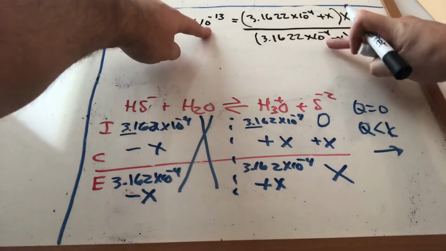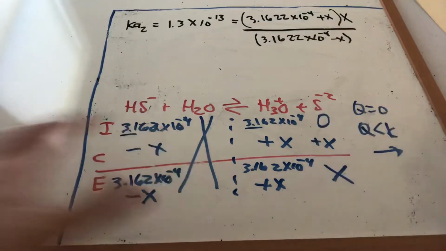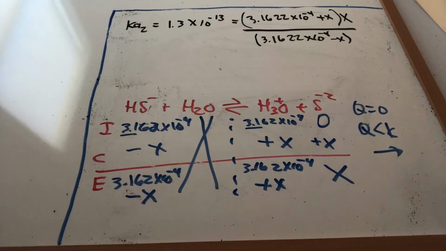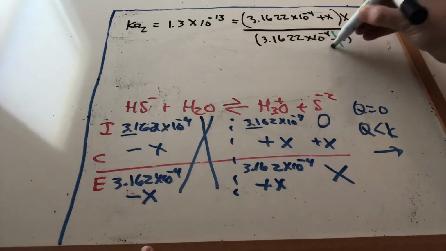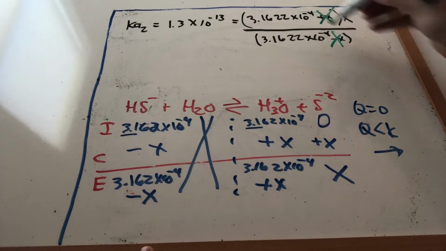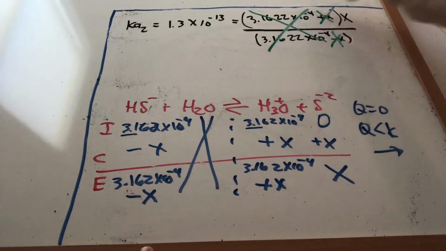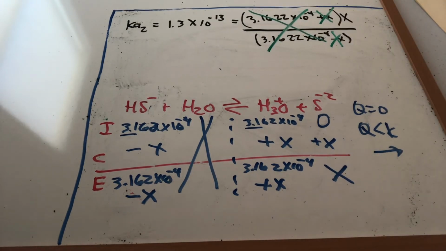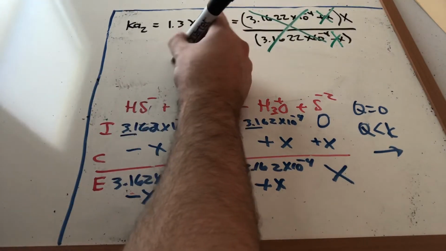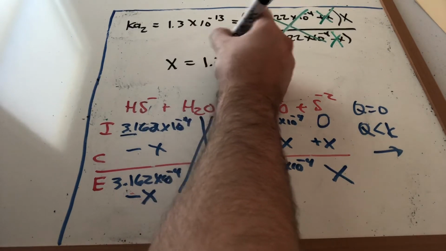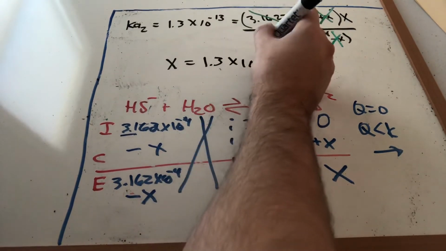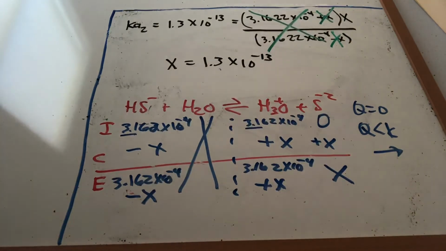Just look at the magnitude difference here, and we're moving in the unfavored direction. Definitely 5% rule. If I use the 5% rule and I get rid of this and I get rid of this, these numbers just cancel out. And what you get is a real interesting result. For this situation, which again is an easier example, you get that x is 1.3 times 10 to the minus 13. Now we're going to answer the question, right?